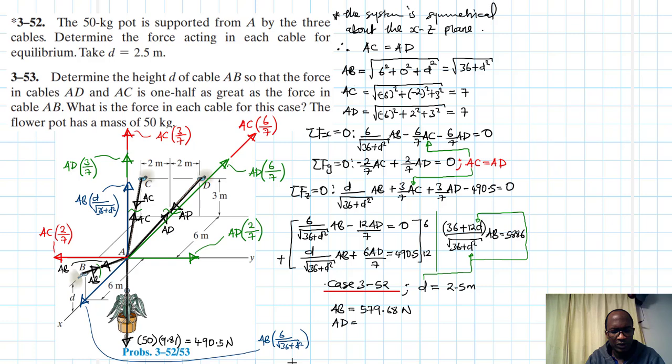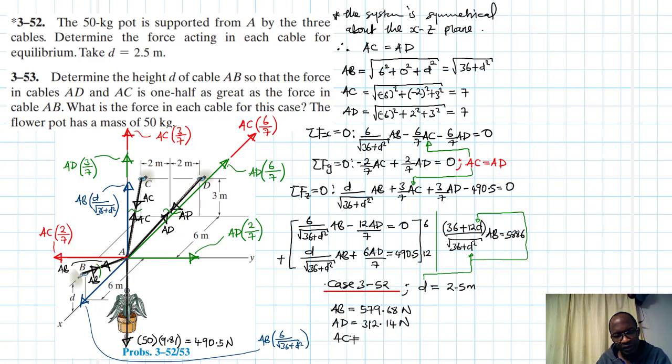And then divided by 12 divided by 7. So this gives us 312.14 newtons. So 6 divided by 6.5 times 579.68 divided by 12 divided by 7, 312.14. Then we find what AC is.